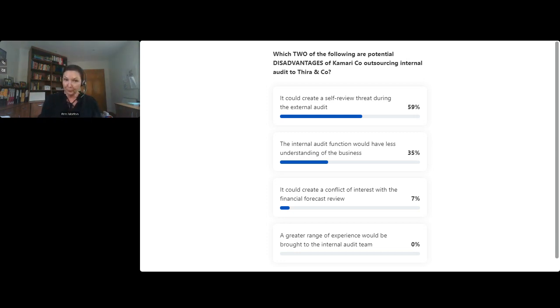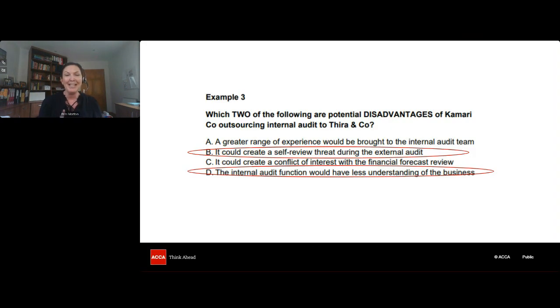Okay, correct answers. Let's look at the overall poll. So B and D were the correct answers. Those were the 2. So a disadvantage of having an outsourced internal audit is it can create a self-review threat, because you would need to make sure teams are separate so that they don't have additional information that they shouldn't be aware of.